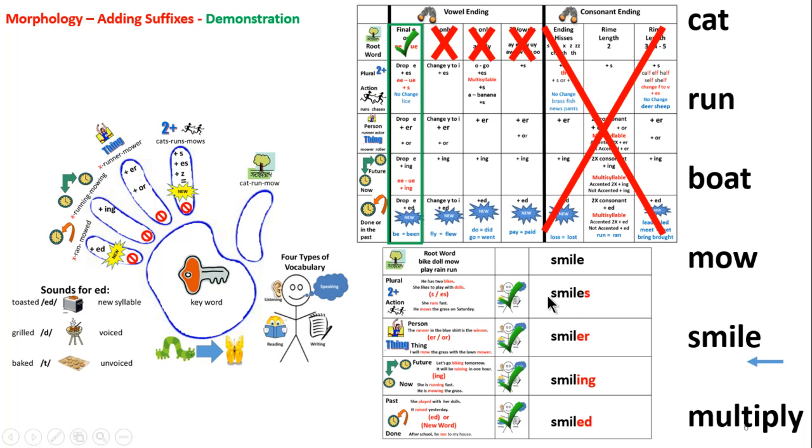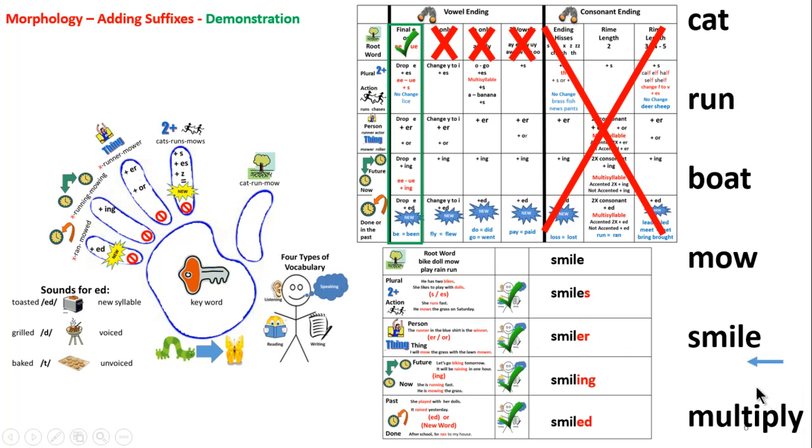And so for smiles, oh, we have to drop the E and add ES. For a thing, smiler, we drop the E and add ER. To make it future or current action, we drop the E and add ing. And yesterday, I smiled, so we drop the E and add ed.